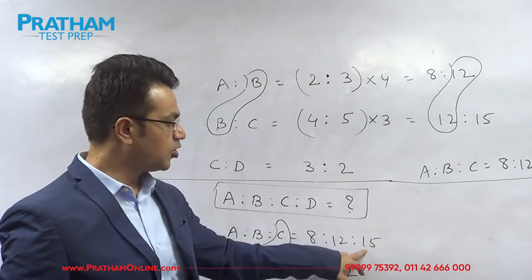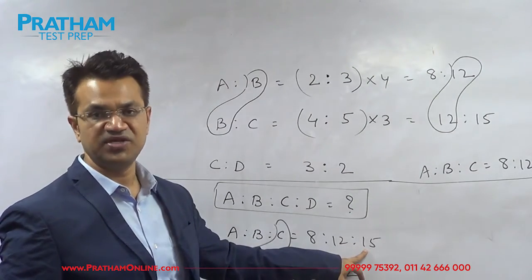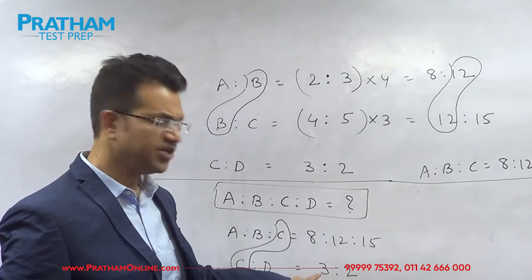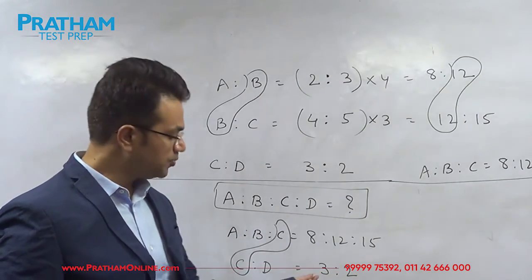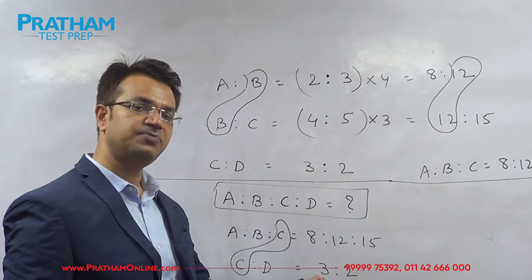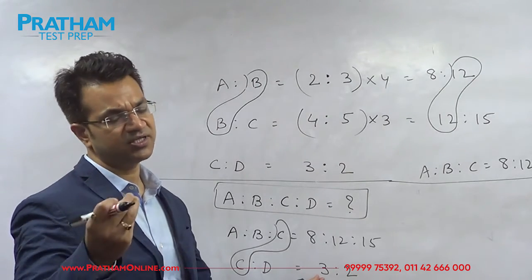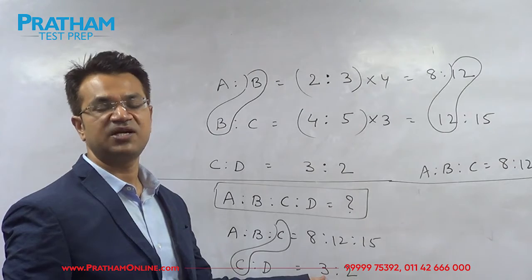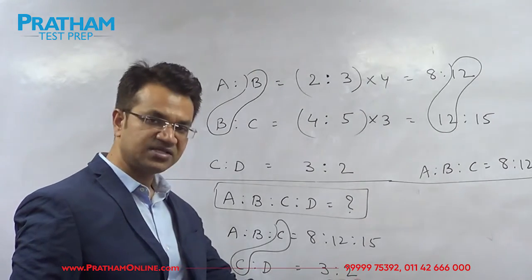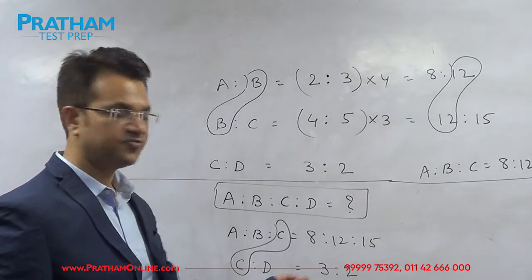So this is already 15, no need to make this 15. But we need to make this 15. How do we make this 15? We have to multiply this by 5. And just to remind you once again, not only this part will be multiplied by 5; the entire expression has to be multiplied by 5.